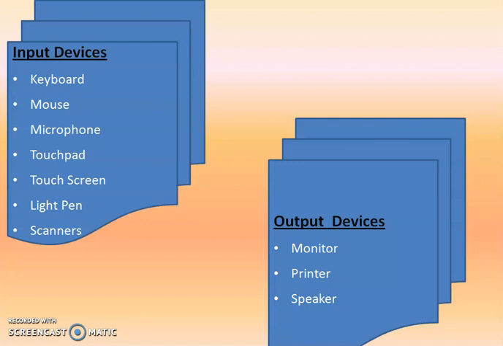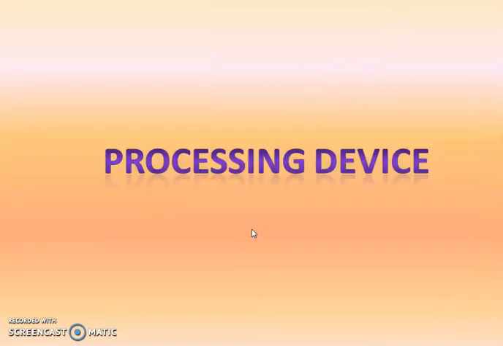Now after completing these input and output devices, one more device that we are going to see is the processing device, right? The processing device is the most important device as it works between input and output devices, or this is the device where all the devices are connected. So which is that processing device?